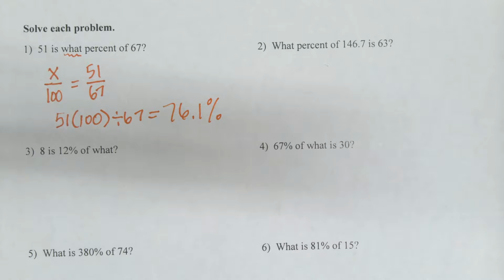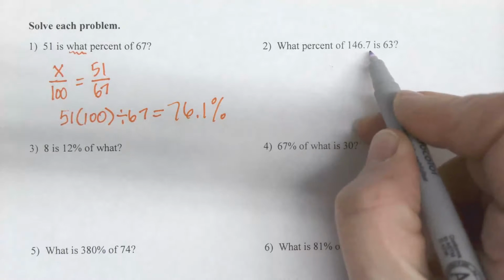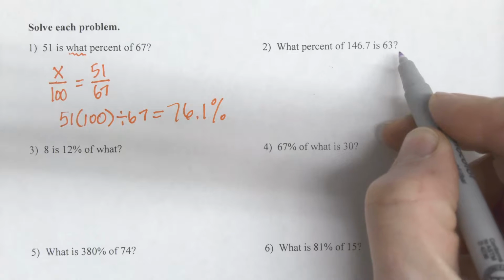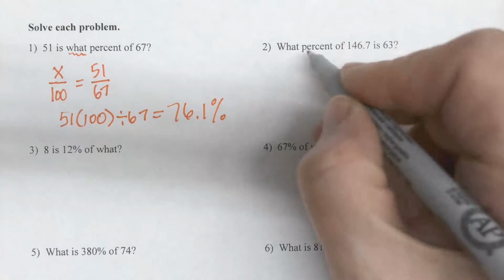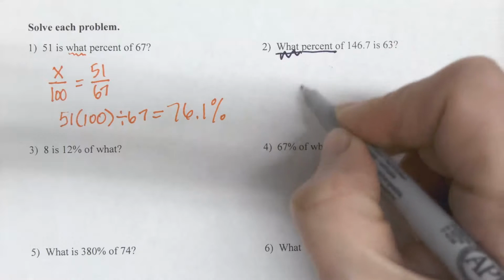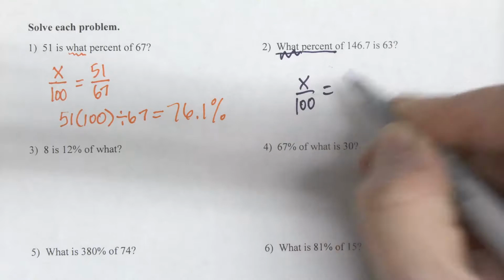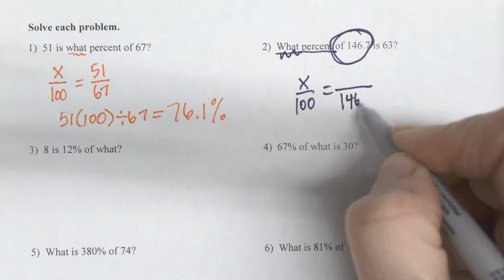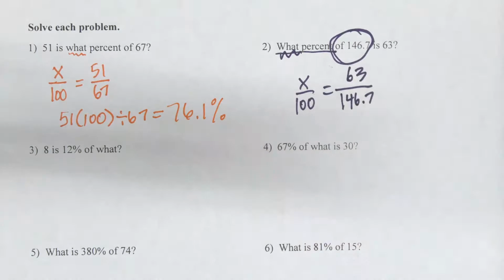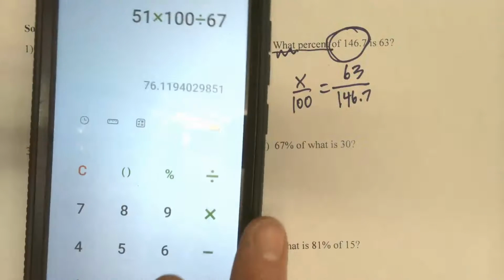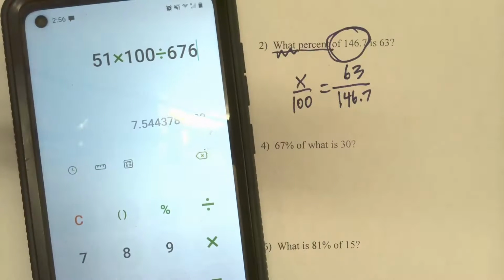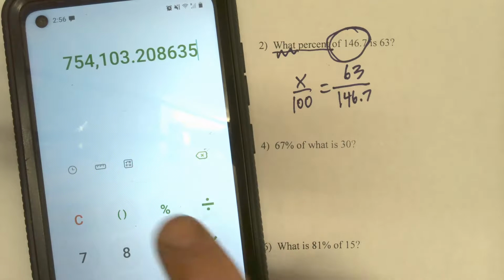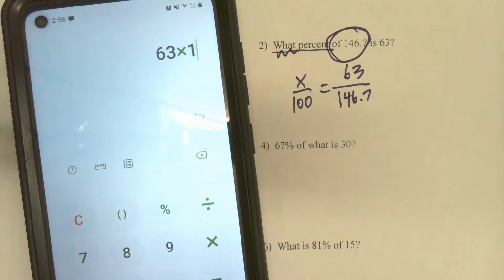So this next one is, what percent of 146.7 is 63? Again, the what percent is over 100, this is the part that's tricky. The number that follows of always has to go on the bottom, and then the remaining number would go in the other position. So I'm going to do 63 times 100 divided by 146.7.